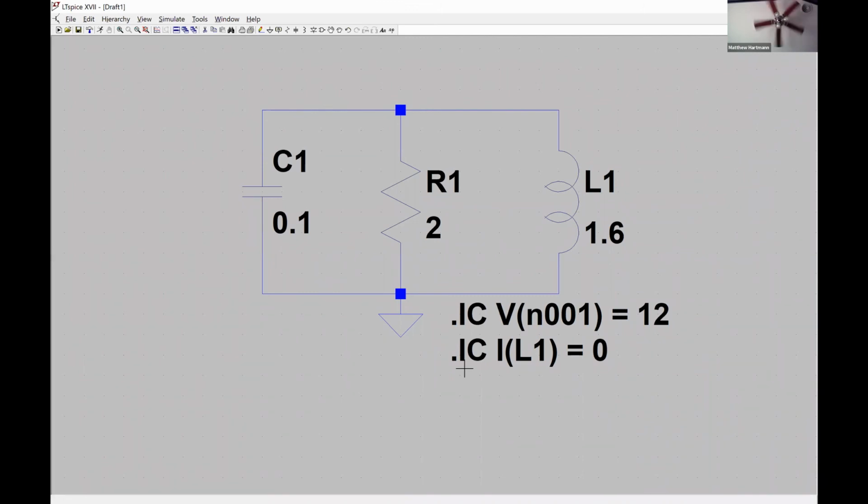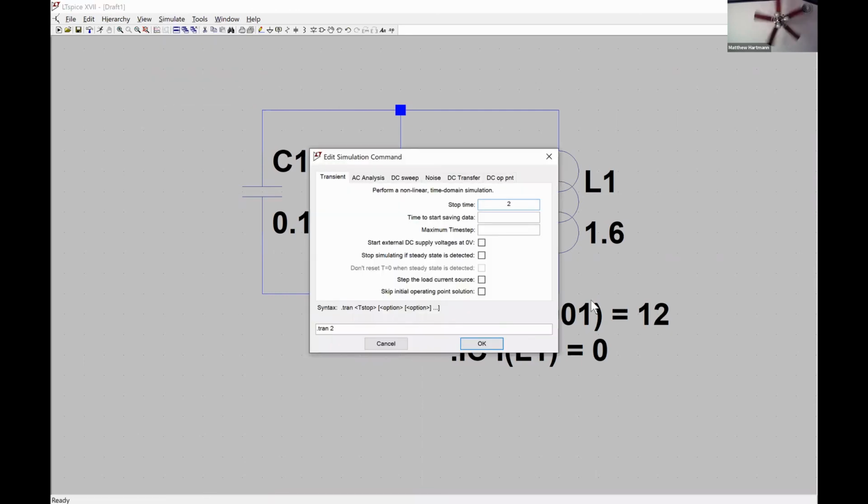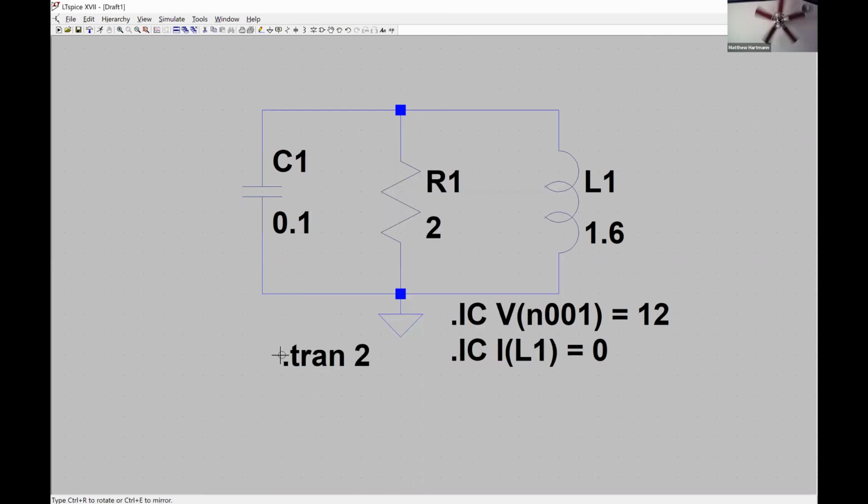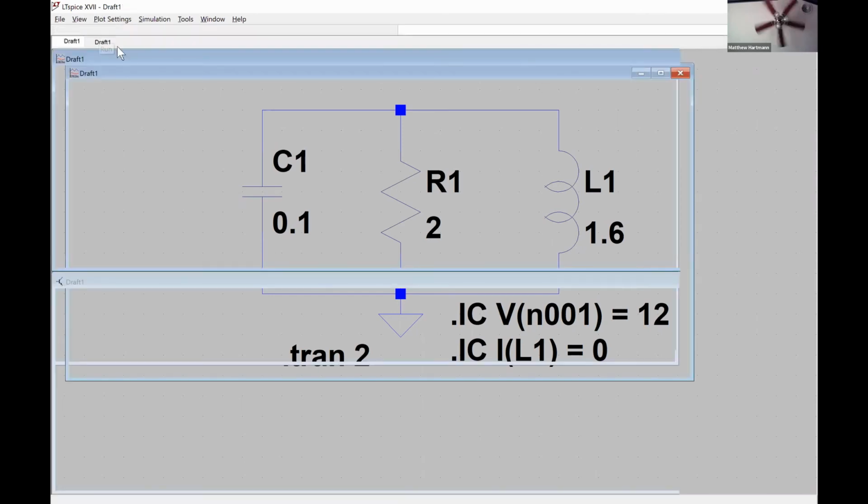So I'm going to look at this thing for, let's say, 5 seconds then. Wait, on 2.5 cycles per second, 2 seconds, so I can see roughly 5 cycles. Edit simulation command here. All right.